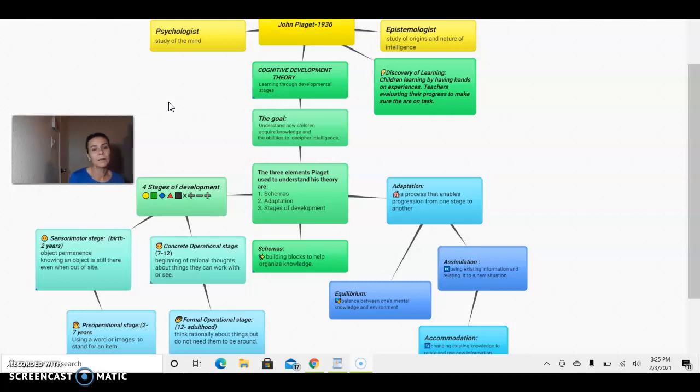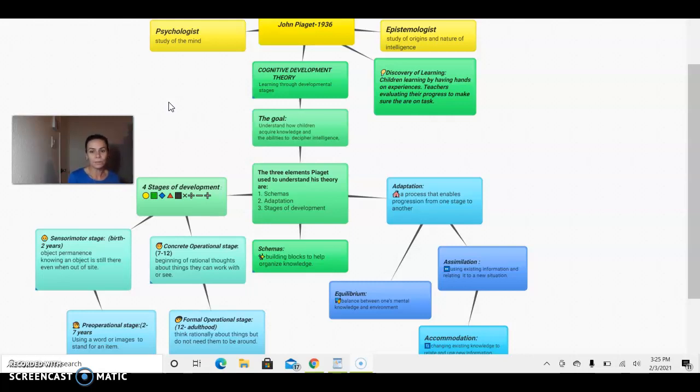There are three goals to this theory, and the first is to understand how children acquire knowledge and the abilities to decipher intelligence. The three elements that he uses are schemas, which are building blocks to help organize knowledge. Second is adaptation, which is the process that enables progression from one stage to the next.